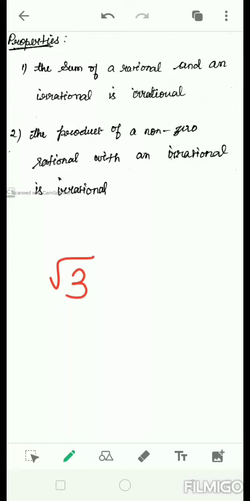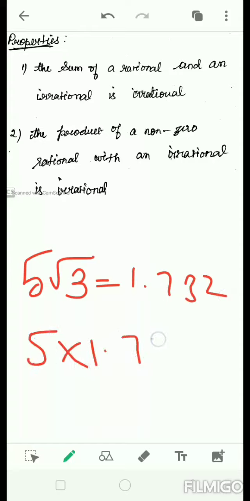Root 3 is an irrational number. I am going to multiply this irrational number by the rational number 5. You already know that the value of root 3 is 1.732, so I am multiplying 5 into 1.732. You get approximately 8.66 etc.